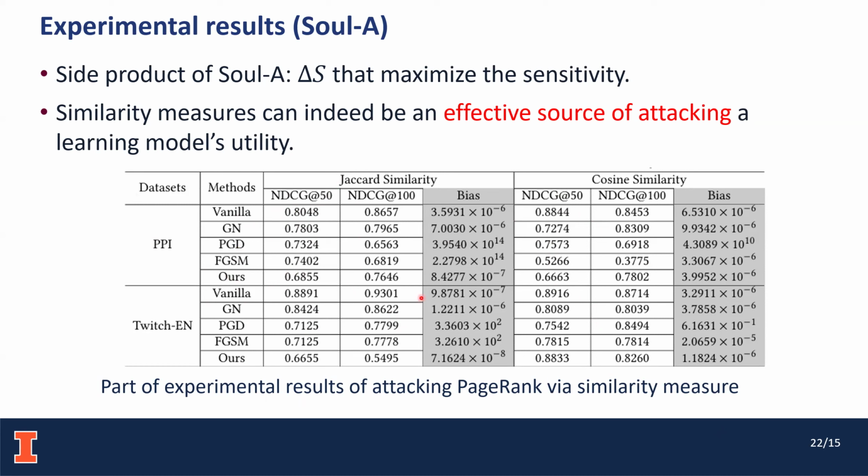So this proves that the similarity measures can indeed be an effective source for attacking a learning model's utility, which emphasizes the importance of learning a robust individually fair algorithm. Another interesting thing I want to note is that PGD and FGSM, which are two baselines here, lead to a higher individual bias, while our attacking method does not.